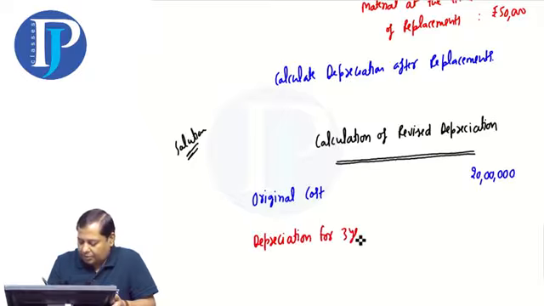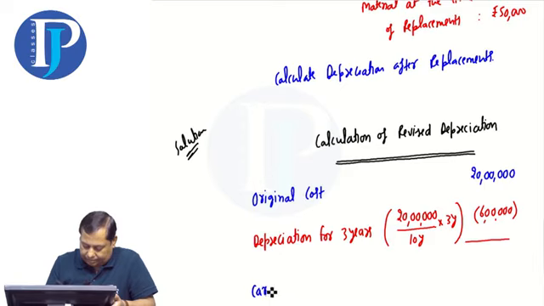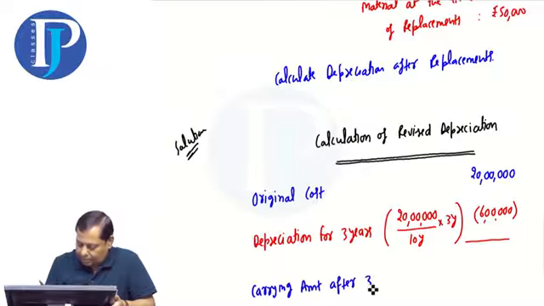Depreciation for 3 years: you know very well that this 20 lakh rupees should be divided by 10 years, and this should be multiplied by 3 years. That is 6 lakh rupees. We will subtract this. This will be the carrying amount. After 3 years, we have a carrying amount worth 14 lakh rupees.